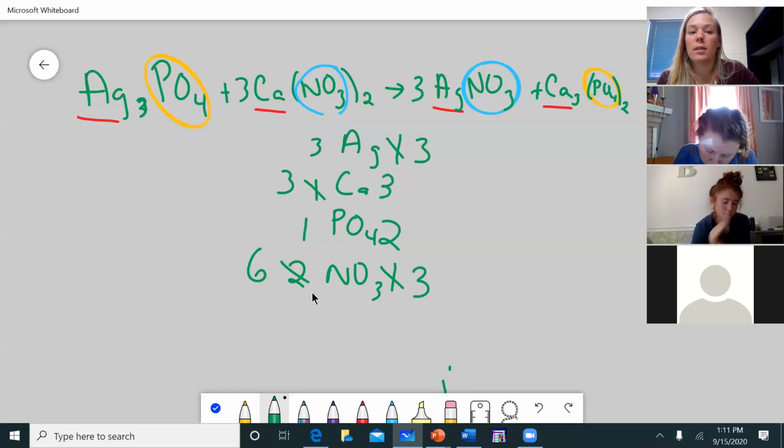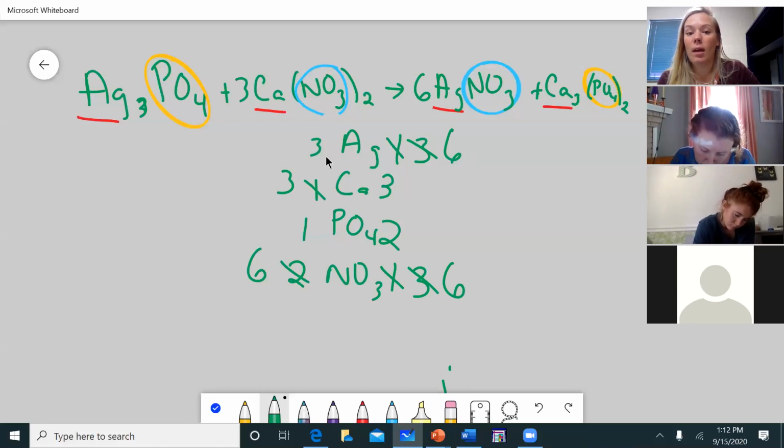Ooh, that kind of throws this off over here, doesn't it? So I had 3 on this side, and that was not quite working. I need 6. So I'm going to change this. And again, that can happen where you have to remove something. I'm going to change that, put that as a 6. So that's going to move this to a 6. My AG now moves to a 6 as well on the right side. And then we can go back to balancing the AG, the metal.